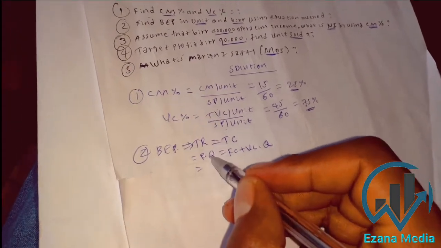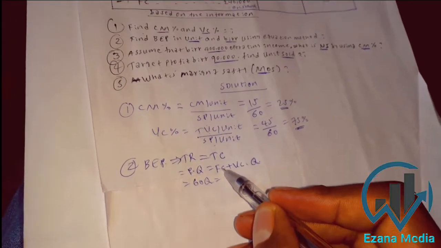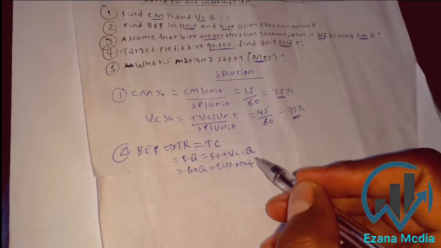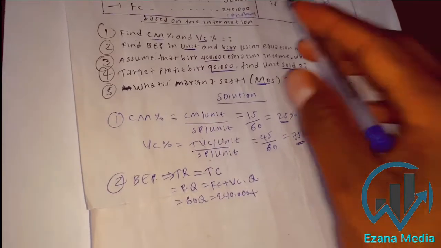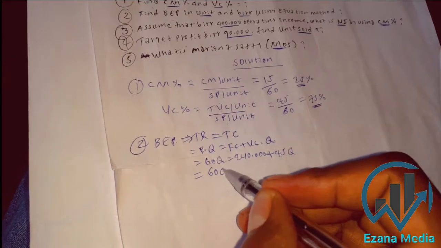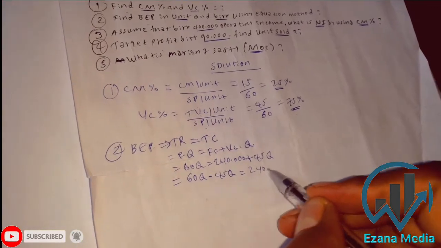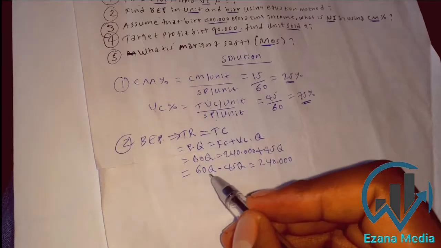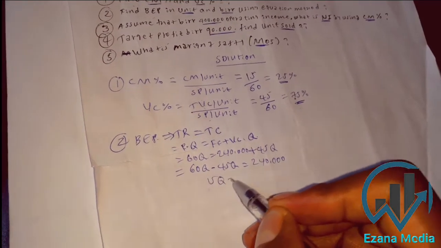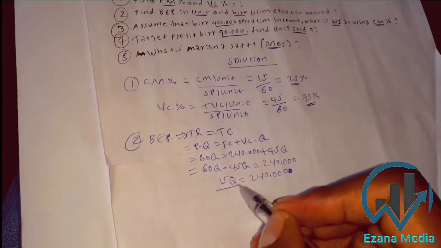So P is 60 times Q is equal to the fixed cost, which is given as a constant 240,000, plus VC, which is 45 Q. 60 Q minus 45 Q is equal to 240,000. 60 Q minus 45 Q is 15 Q, which is equal to 240,000, divided by 15.